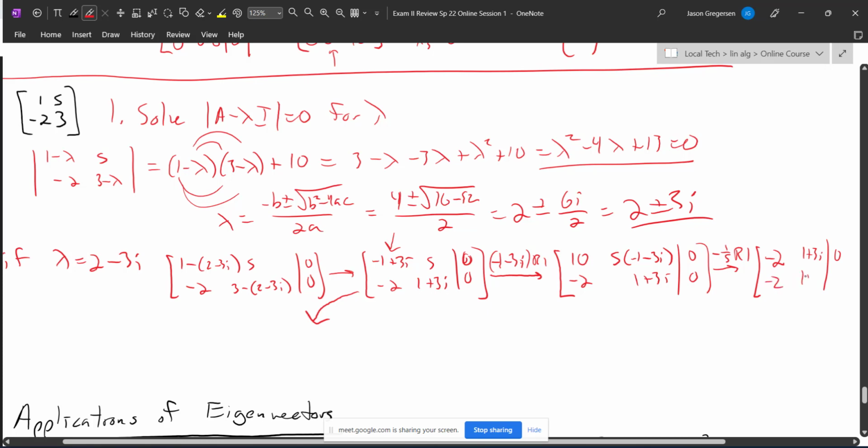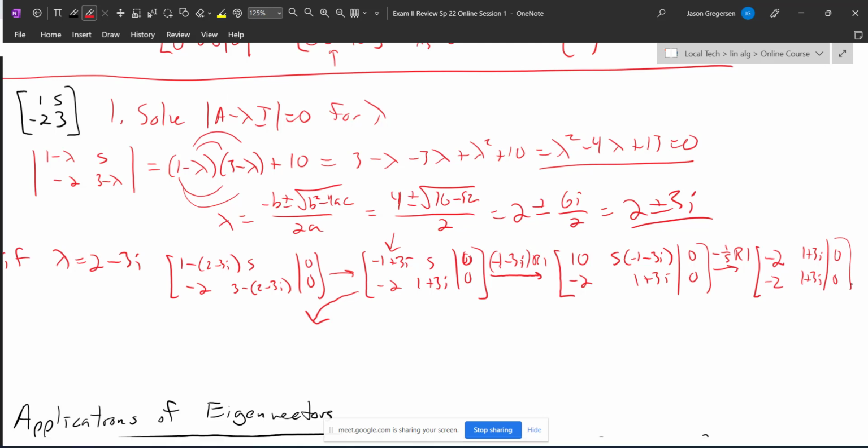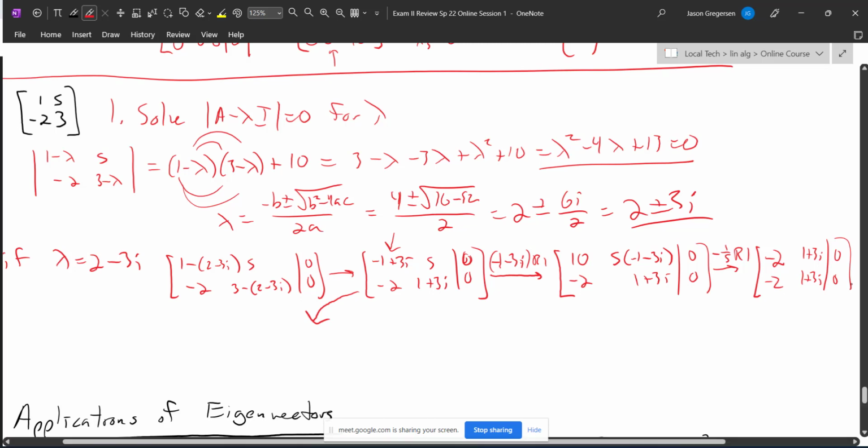And then my second row is still this. In going through that row reduction process, I can now see that the second row and first row are the same. And now I would take row 2 minus row 1 to get a row of zeros. And that would bring me to this stage right here.